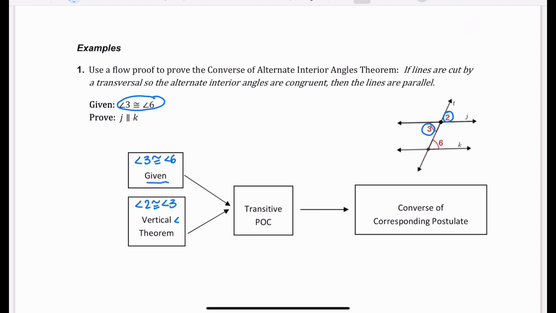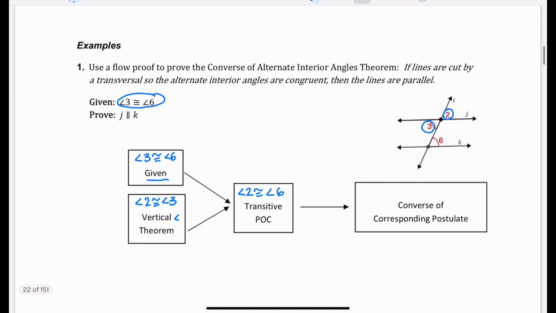Now we are going to use the transitive property. We're going to say that 2 is congruent to 3 and 3 is congruent to 6, so 2 has to be congruent to angle 6 by that transitive property. It makes a train.